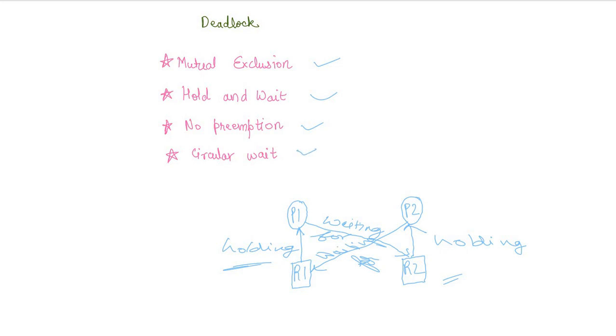Now circular wait, as we saw here that it's a circular wait: P1 is waiting for R2, and R2 is held by P2, and P2 is waiting for R1, which is held by P1. Now let's understand this with 3 processes and resources. How will deadlock be there?